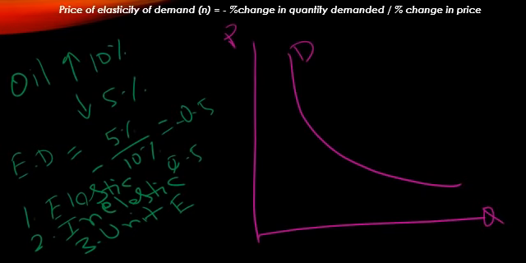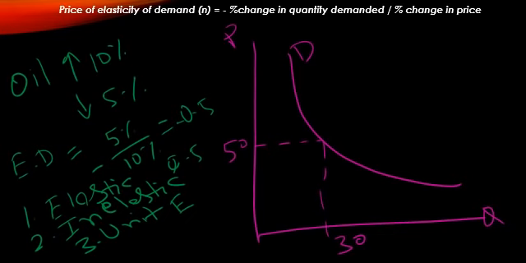Now take an example of insulin. Let's say the insulin price is around 50 rupees and the quantity demanded is, let's say, 30.